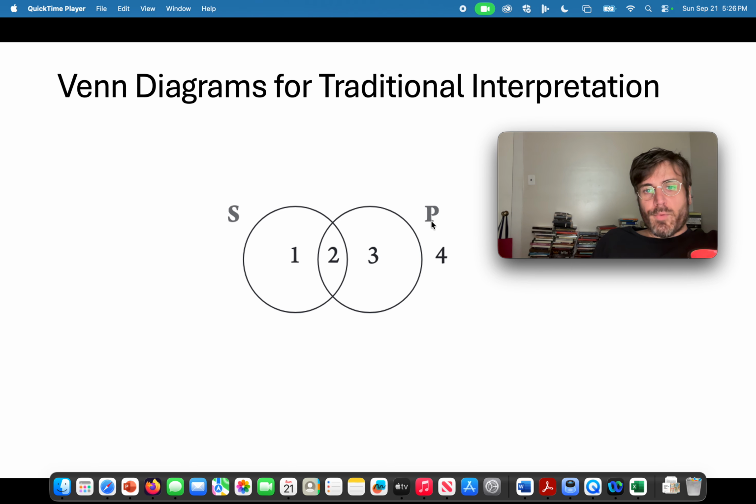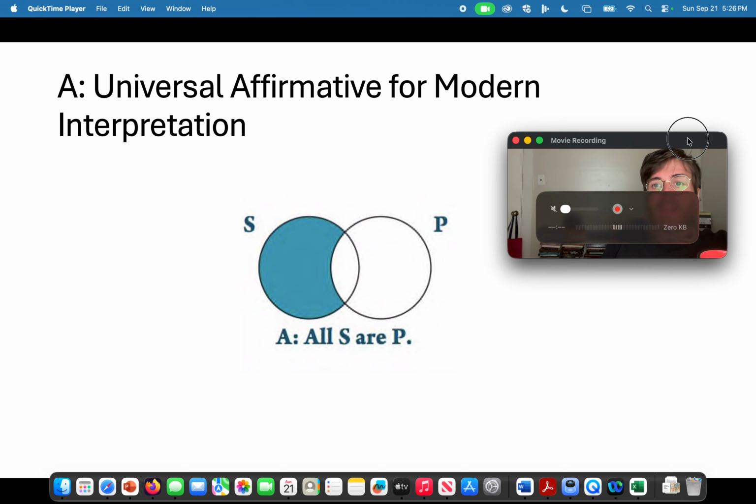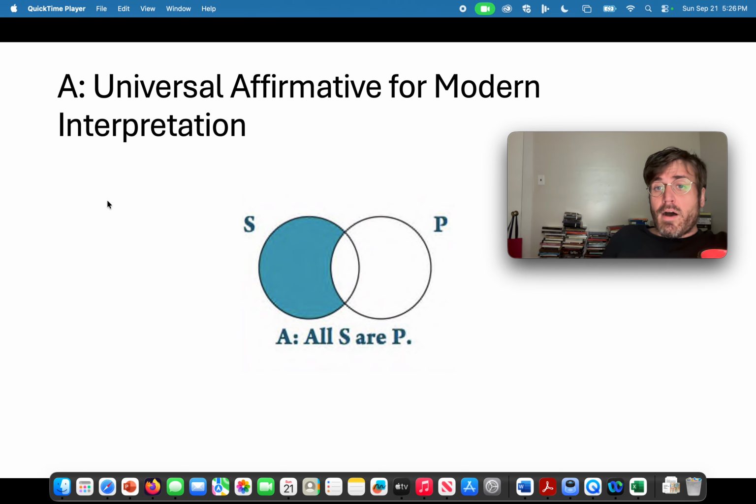Over here we use P to indicate predicate, and everything in 3 is the predicate class. And then we have the region outside 1, 2, and 3, which is just indicated as region 4. So it's external to subject and predicate. Okay, so what can we do with this? We have a way of diagramming all four types on the modern interpretation of our categorical propositions.